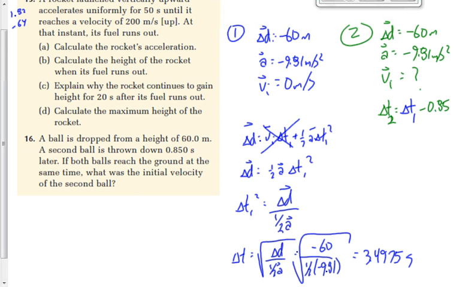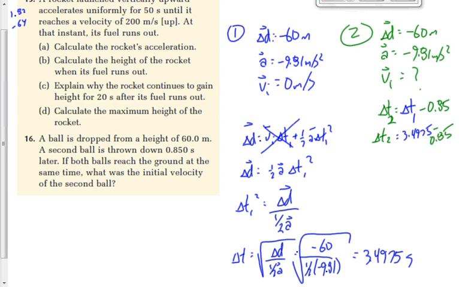All right. Carrie, you didn't get an answer for this because you're right there with your method there. T2, let's get that now. T2 is 3.4975 minus 0.85.